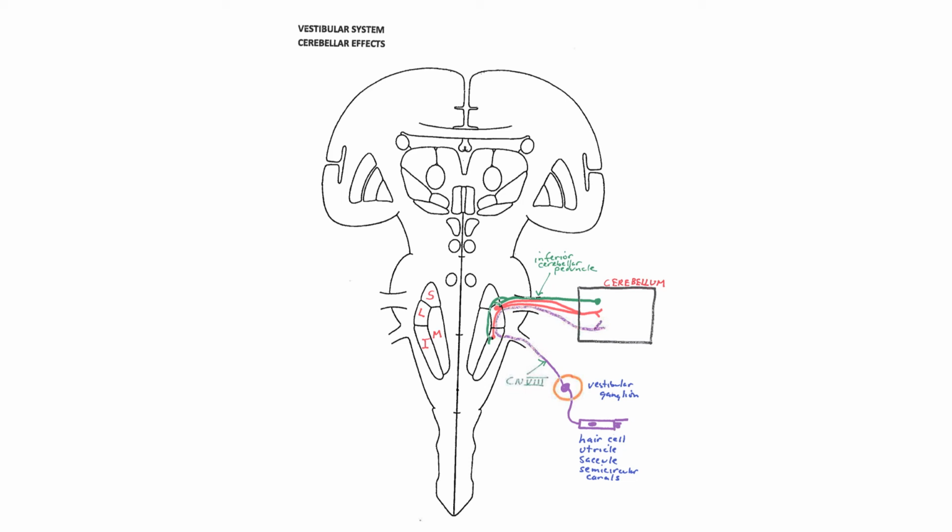And then finally, I have neurons coming from the cerebellum going back out to the vestibular nuclei. This is the fiber that is going to have the effect on either the lateral or the medial vestibulospinal tract. All of these fibers pass through the inferior cerebellar peduncle.